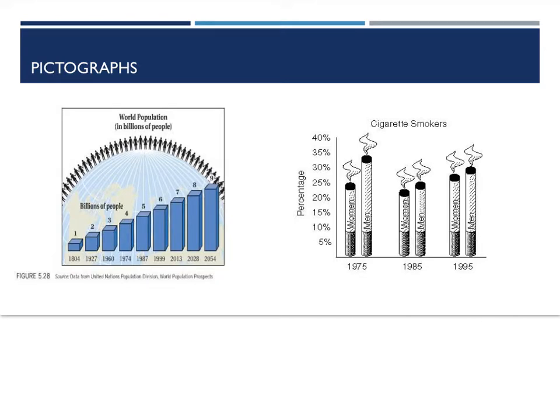Pictographs are usually trying to distort or hide information. This pictograph on the left has a whole lot of artwork happening up here. Look at all this stuff that has absolutely nothing to do with what this graph is trying to show you.